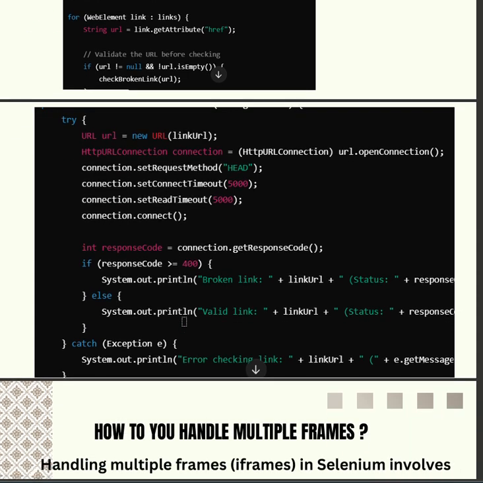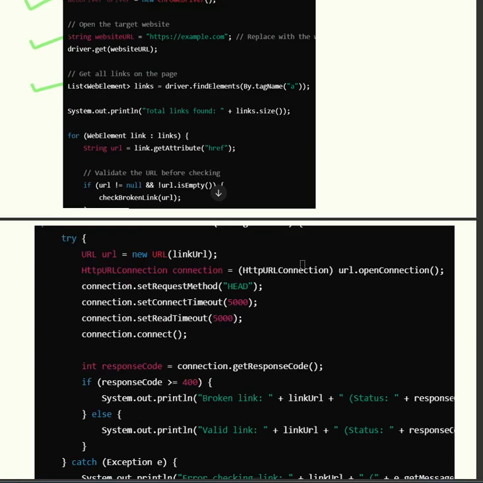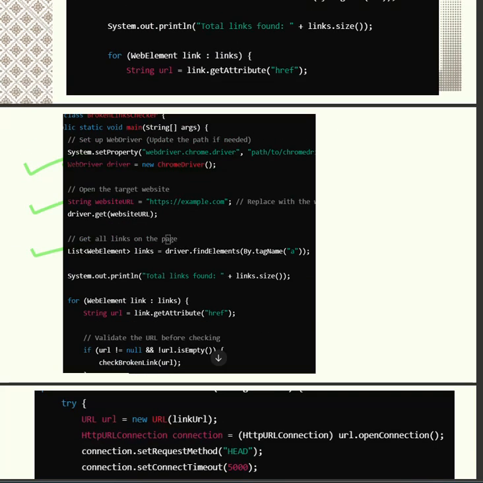Then we will verify the HTTP status code. We send the HEAD request to the connection, and if the status code is greater than or equal to 400, then it's a broken link. In this way, we have to write the code in the interview.